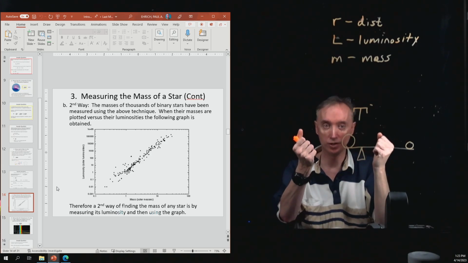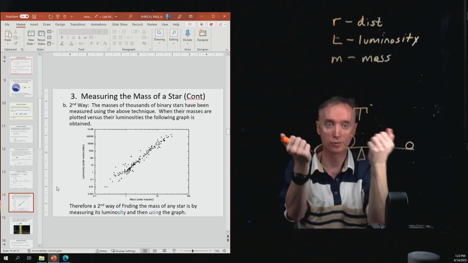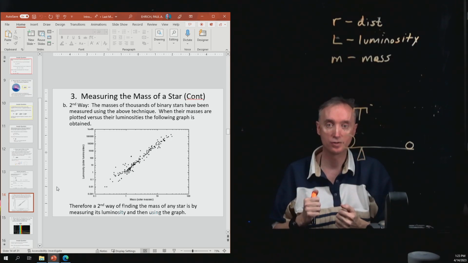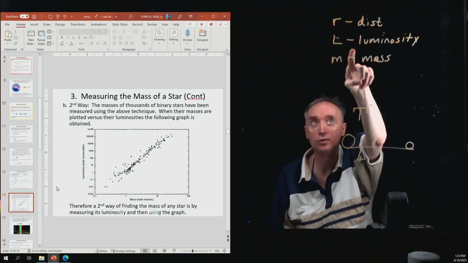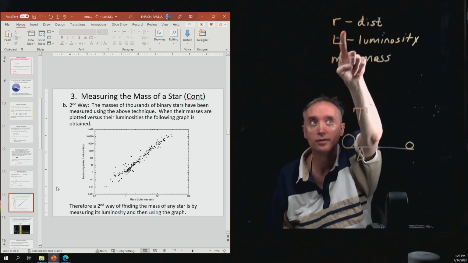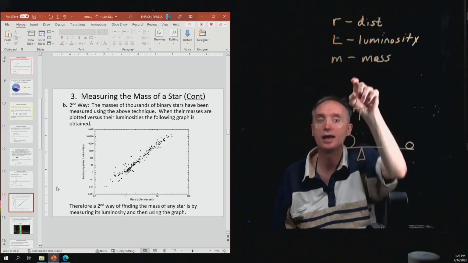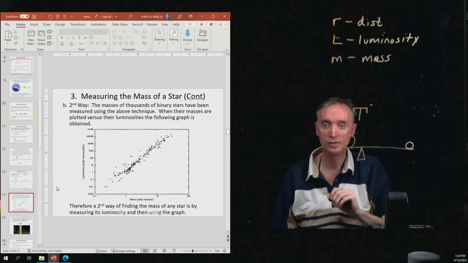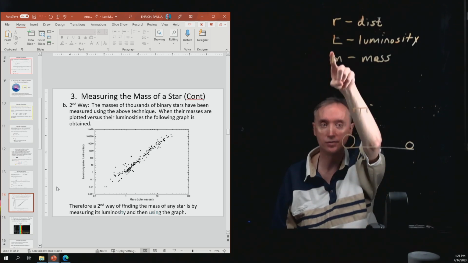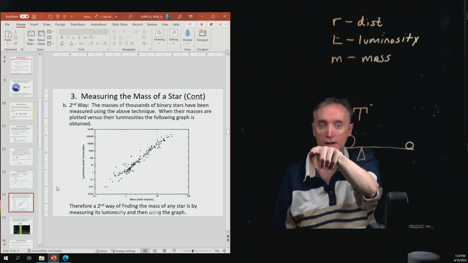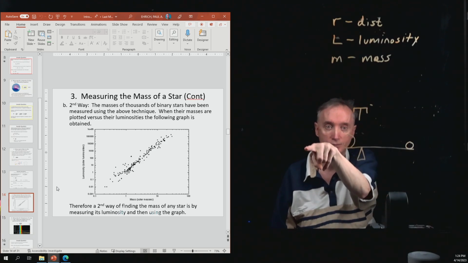When you have two stars in orbit around each other, those are binary stars. They have calculated their masses. So they know their luminosities, they know their masses, and then they plotted it on a piece of paper. In that chart, luminosity goes up and down, the brightness, and the mass goes this way.